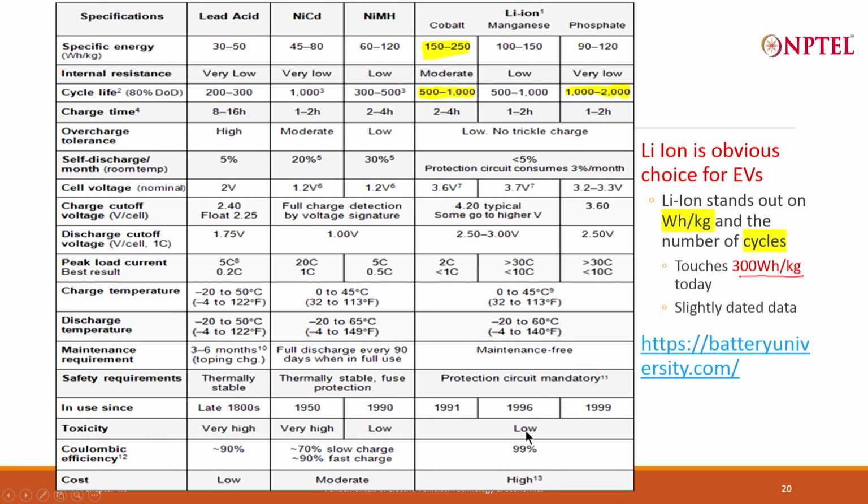Toxicity of lithium ion battery is low compared to the earlier ones, but even then you should recycle, because material cost is high. If you recycle, you get back the material. So, cost is considered high, but it is actually falling very rapidly.